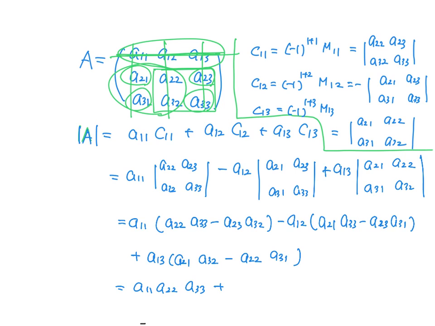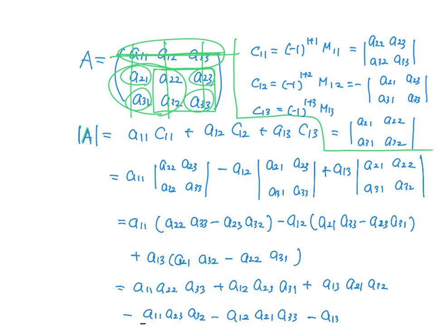So that is A12, A23, A31, plus A13, A21, A32. And we have minus A11, A23, A32, minus A12, A21, A33, minus A13, A22, A31.